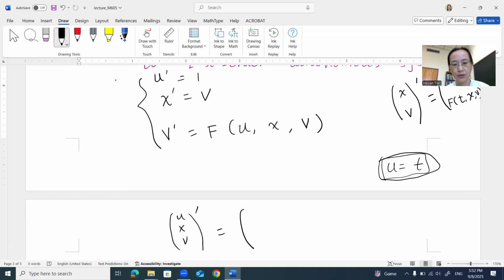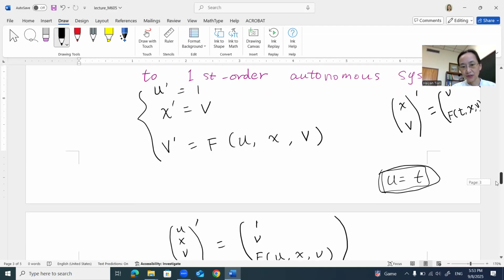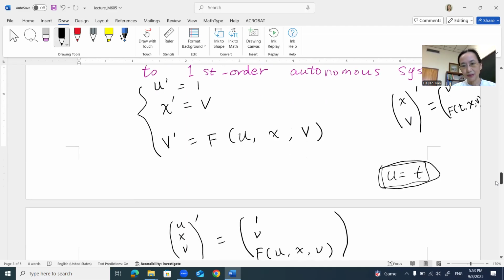So the right-hand side, the other vector, which is our vector field, also depends on u, x, and v. So it does not depend on t explicitly anymore. So here we have achieved the reduction of order. Also we obtain an autonomous system.